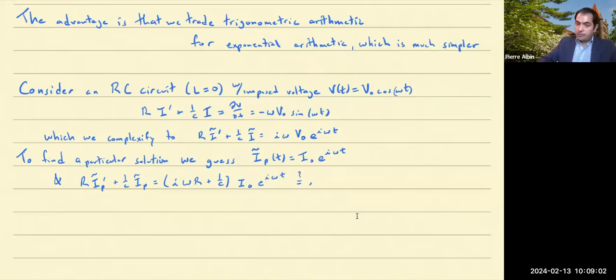And we want that to equal I omega V naught e to the I omega t, right? So we see that that happens precisely when our constant I naught is equal to I omega V naught divided by I omega R plus 1 over C, right? Which we can rewrite by incorporating the I omega into the denominator. We can rewrite this as V naught divided by R minus I over omega C.